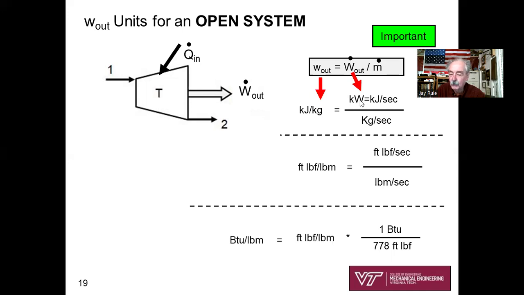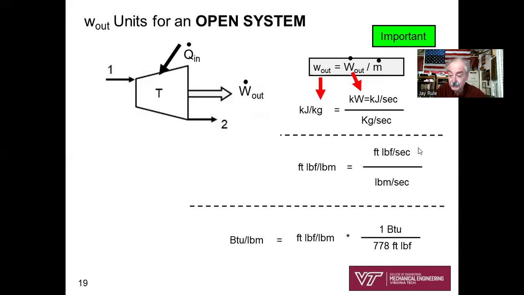Typically, it's given in kilowatts, so you have to remember a kilowatt is a kilojoule per second. I've got another typo, and so m dot is kilograms per second. That should be a little k, kilograms per second. Look how these seconds cancel out, so you're going to get what you're praying for on the left-hand side, kilojoules per kilogram. Units of little w out in English: foot-pounds force per pound mass.